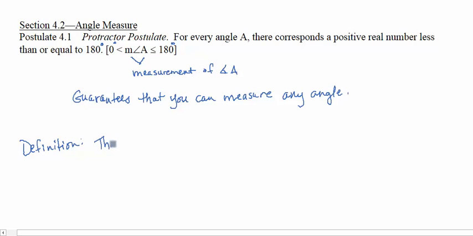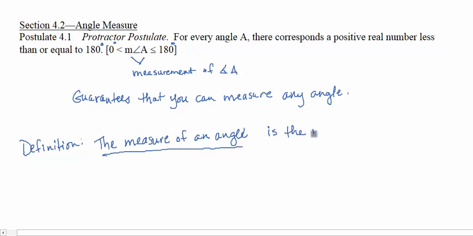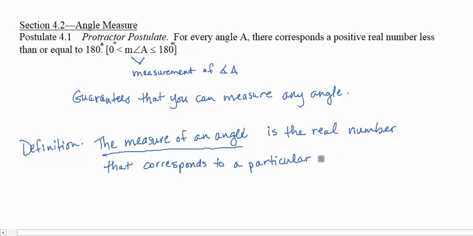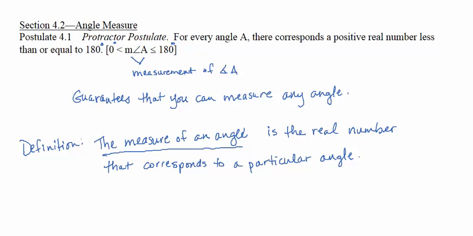Definition: the measure of an angle is the real number that corresponds to a particular angle.